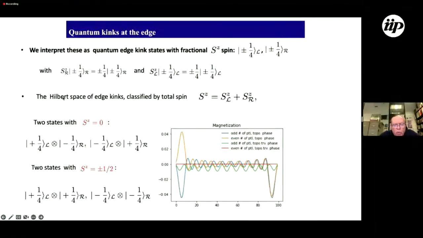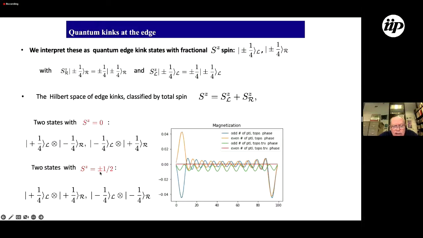So what we find is the Hilbert space of edge kinks classified by the total spin S_z plus minus half and 0, which is the sum of the excitations on the left and on the right. So the 2 states that we found with S_z equal to 0 are given by plus quarter on the left, minus quarter on the right, and the other one is minus quarter on the left, plus quarter on the right.